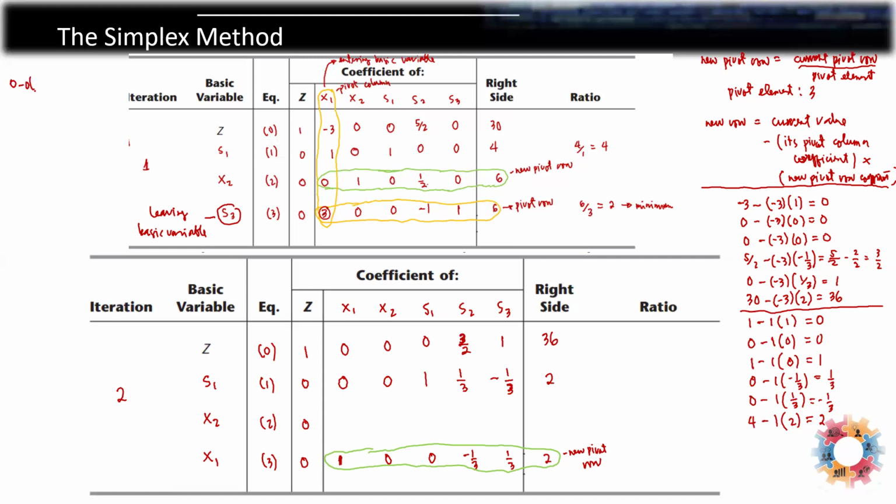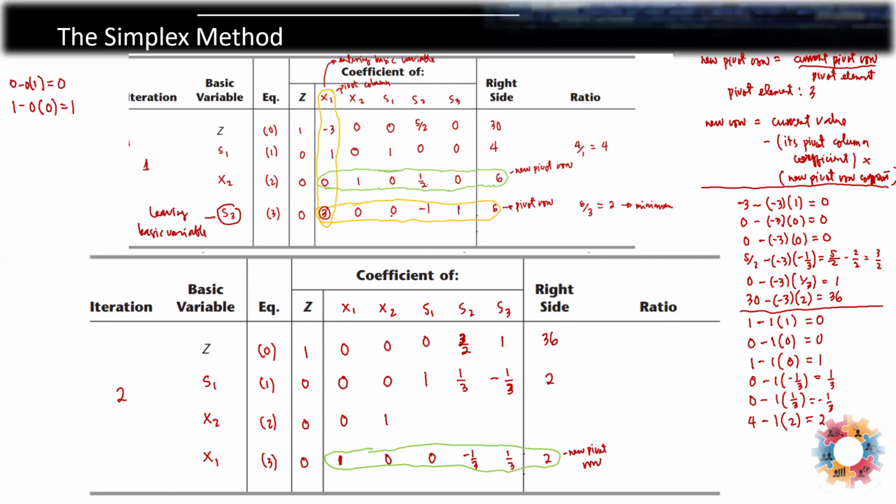Okay, 0 times the corresponding pivot row coefficient is 1, which is equal to 0, right? And then next is 1 minus the pivot column coefficient, which is 0. Then times the corresponding pivot row coefficient is 0. So you have 1.